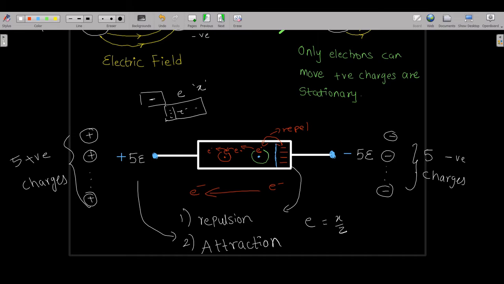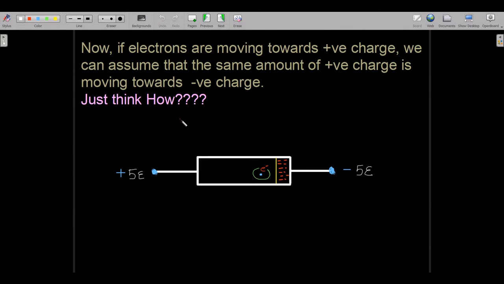Now we will move on to the next page. What I wrote over here is: if electrons are moving towards positive charge, we can assume that the same amount of positive charge is moving towards negative charge. What does this line mean?